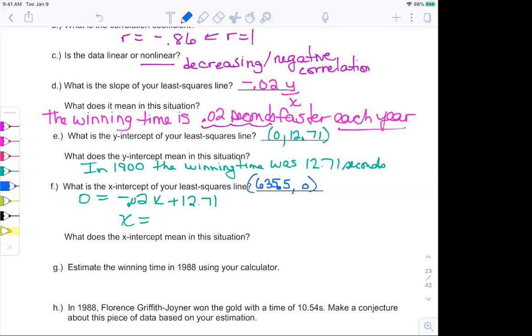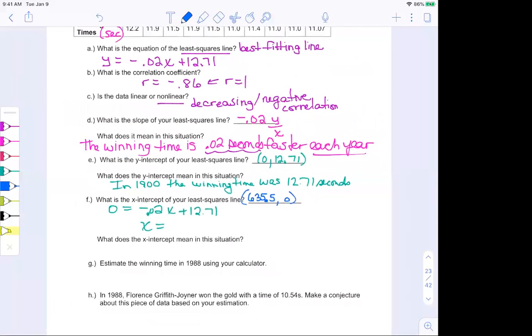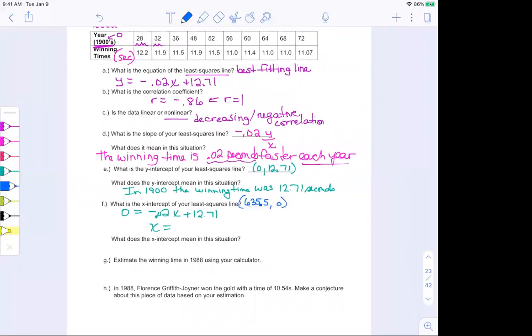Do you know what that means? So if we made year 0, 1900 was year 0, if we go in the future 635.5 years, what year would that be?